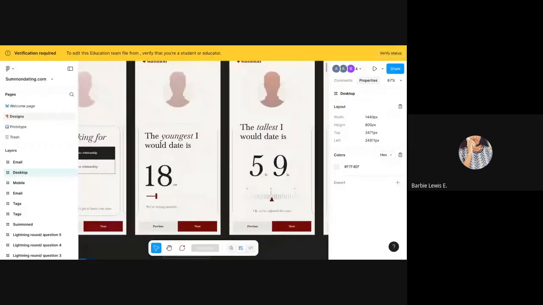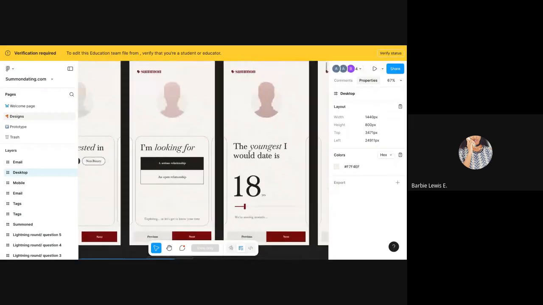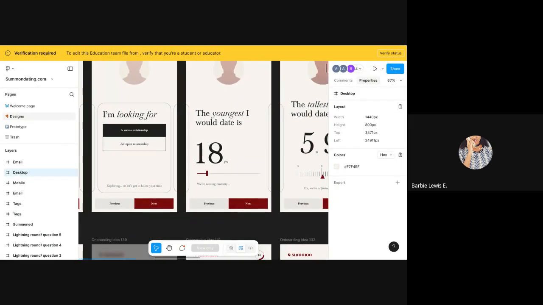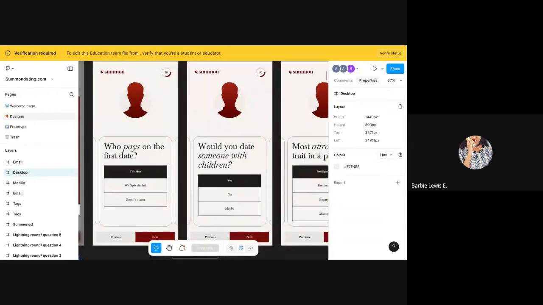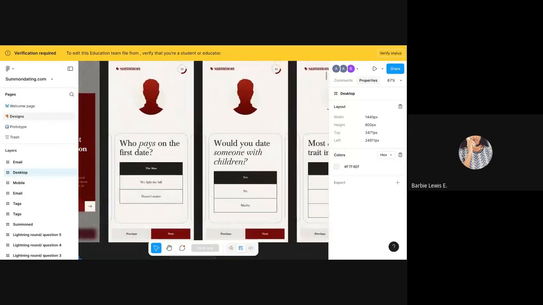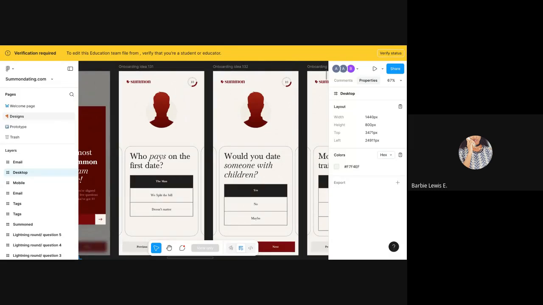We're going on and we're saying, you know, give the user two options between a serious relationship and an open relationship. We're going to this section here where you have the lightning round and saying when the user is presented with this screen, then it should start a countdown for 10 seconds, you know, things like that.